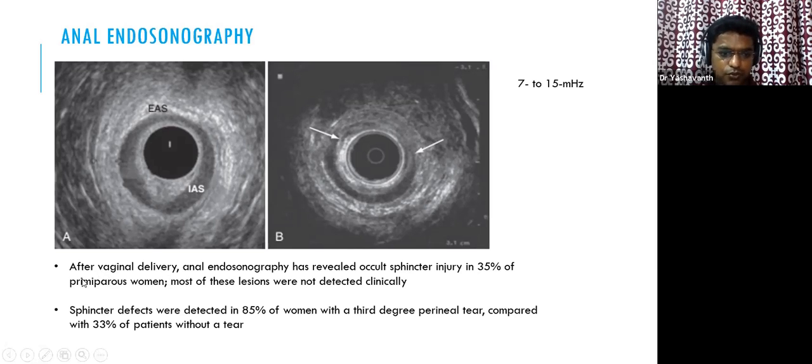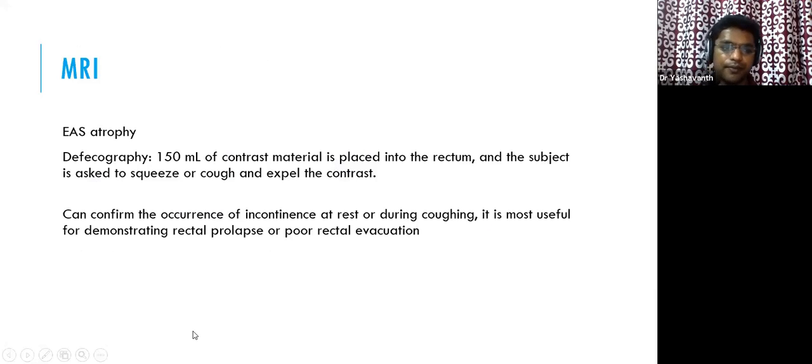So this is what I mentioned: after normal vaginal delivery, anal endosonography revealed occult sphincter injury in 35% of the women, whereas sphincter defects were detected in 85% of the women with third degree perineal tear compared to 33% without tear.